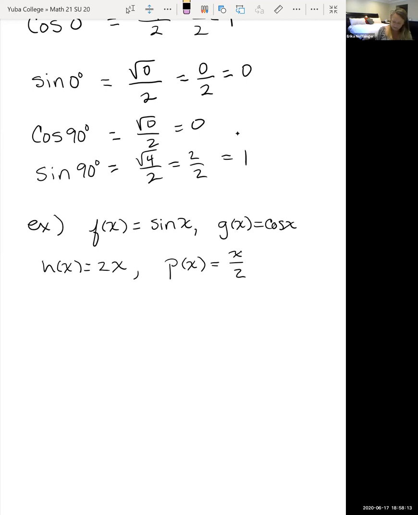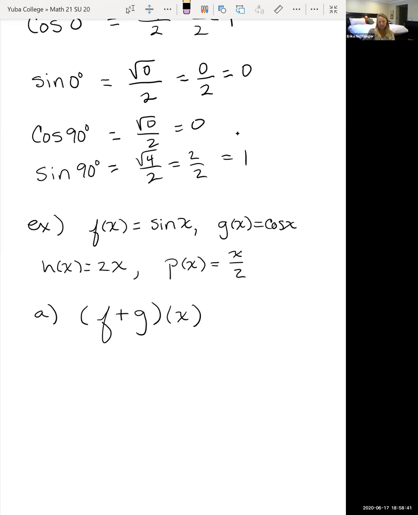So it wants us to find the following. Part A, find parentheses f plus g, end parentheses of x. So I thought this was good because it's just a review of notation and function operations.